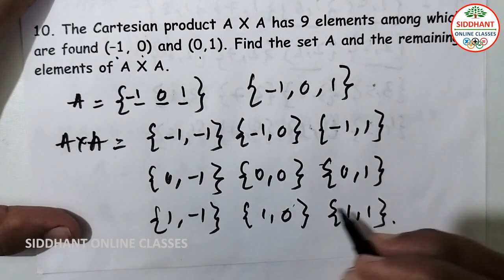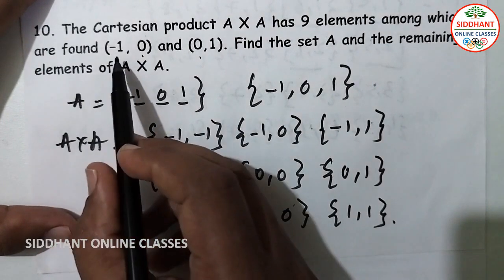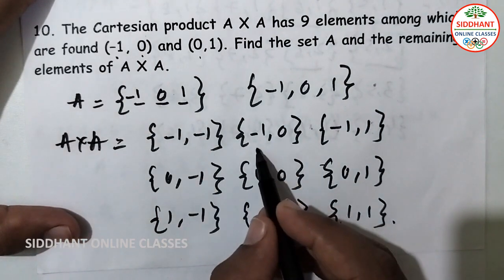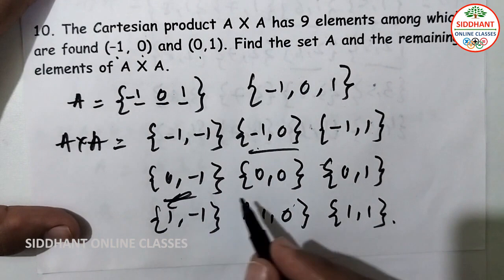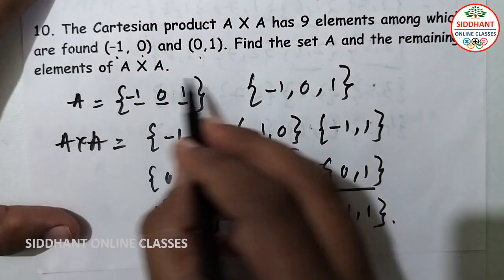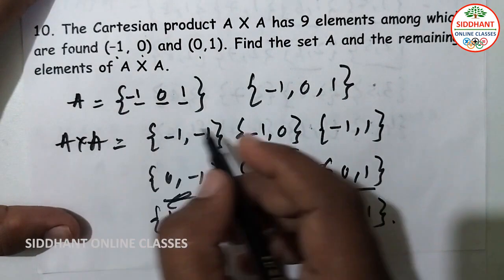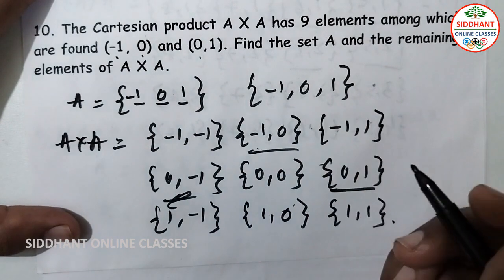So these are the 9 elements. So in this we are going to see -1 and 0, 0 and -1, 0 and 1 here. So A set having elements -1, 0 and 1 here.